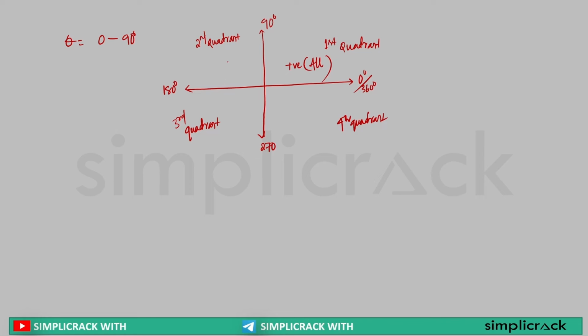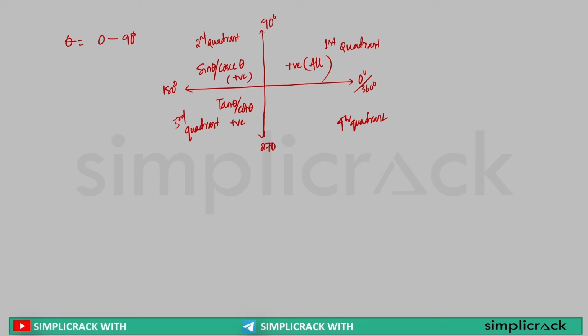Here the value of sin theta and cosec theta will be positive. But for tan theta and cot theta, when the angle is greater than 180 degrees and less than 270 degrees, the values of tan theta and cot theta will be positive. Other values will be negative.